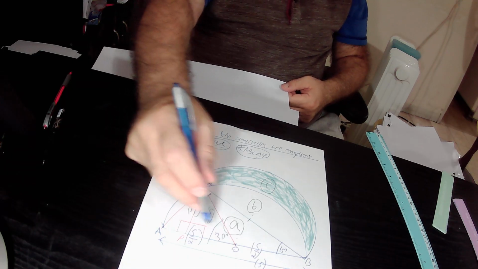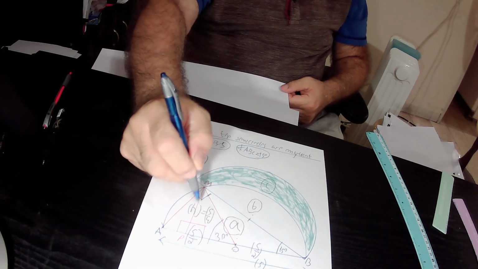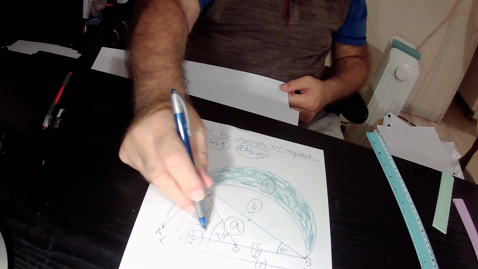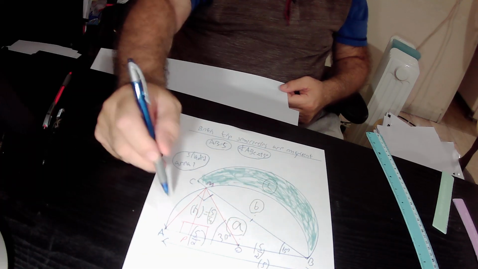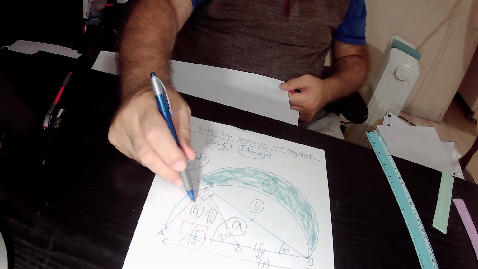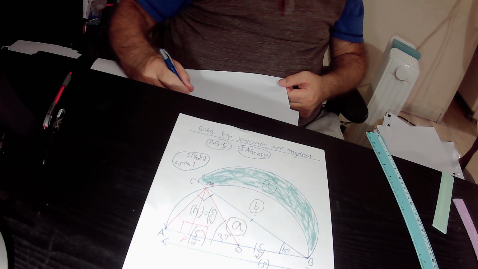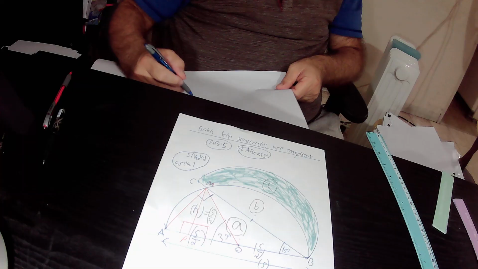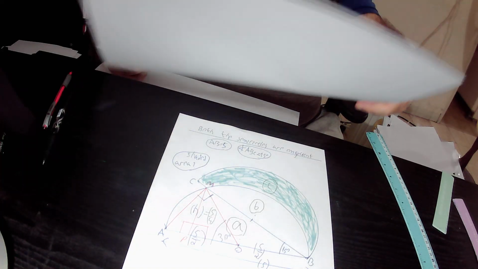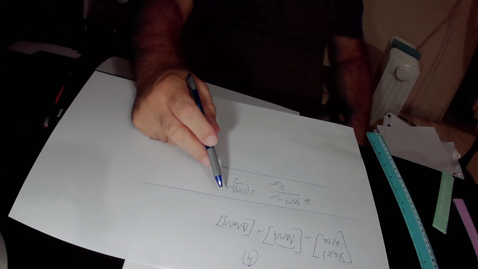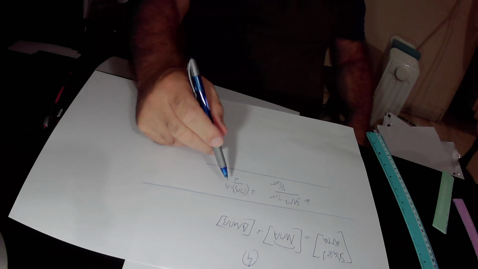The height to the base must create 90 degrees with the base. MP creates 90 degrees with the base OB. So the area of triangle MOB equals the base OB times the height, over 2.